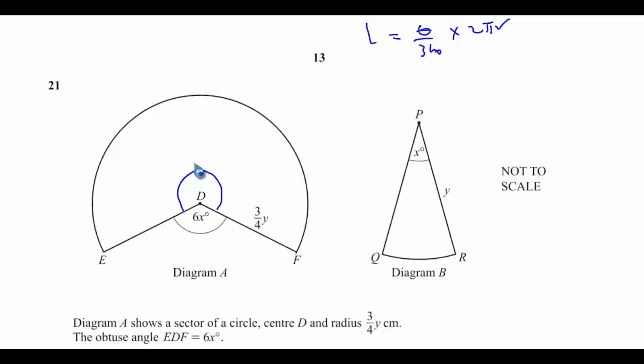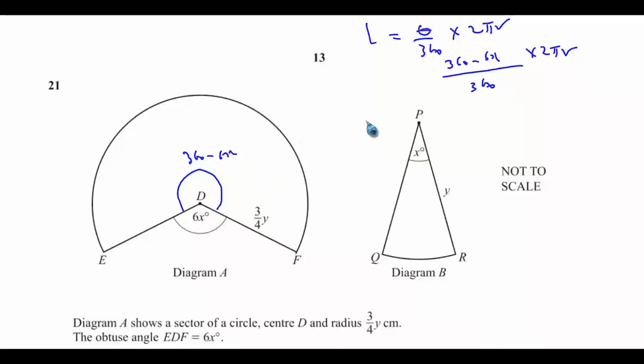So it's going to be 360 minus 6x, so it will be 360 minus 6x over 360, then times 2 pi r. So let's leave this like this. We don't need to substitute the radius for now. So that is what we get.